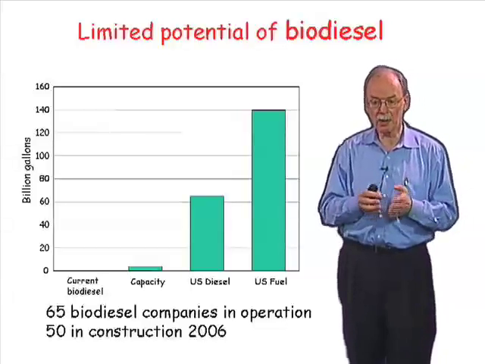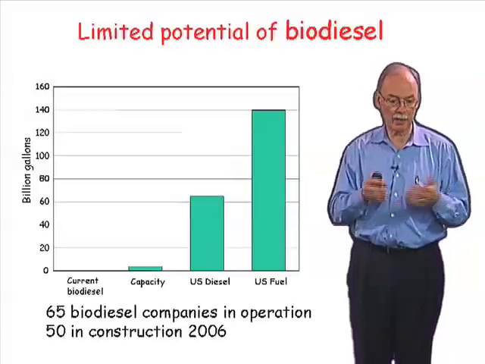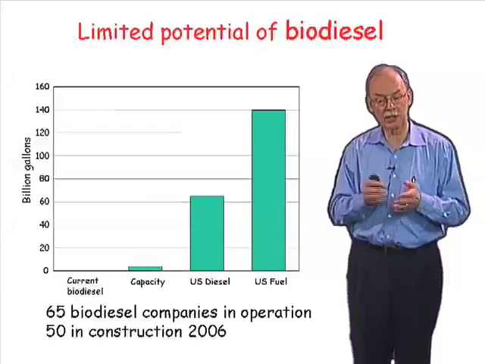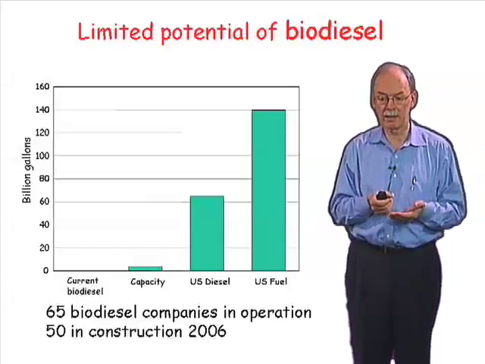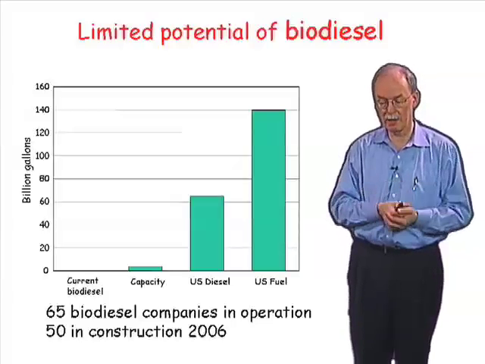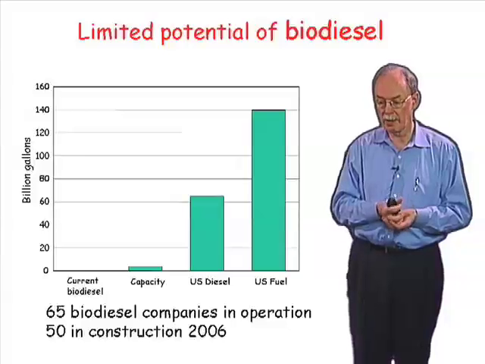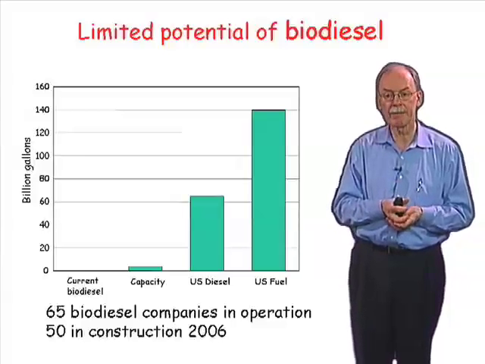And indeed, if the vegetable oil or the tallow is available, it is a good technology. When the diesel engine was first invented, the fuel was vegetable oil, so it's very compatible with the current engine design.